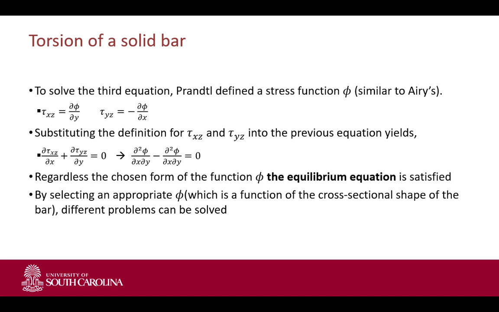So similar to our Airy stress function, if we choose a function that has these characteristics, so if our tau xz is defined by the partial derivative of phi with respect to y, and our tau yz is defined by the negative of the partial derivative of phi with respect to x, then our compatibility equation that gives us the relationship between tau xz and tau yz is automatically satisfied.